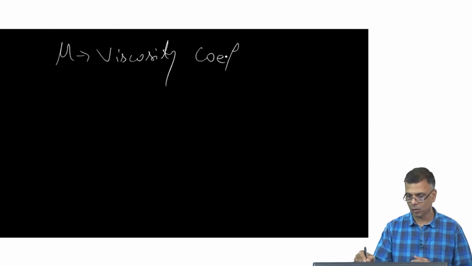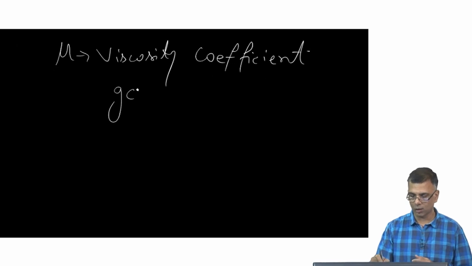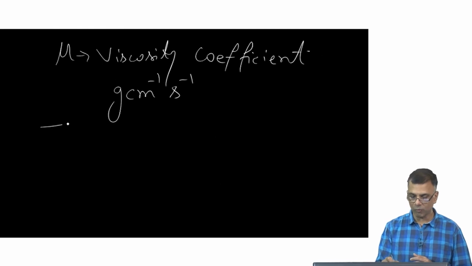Now, I figured I would say something a little off the mainstream of what we've been talking about, but you see, we've been talking about viscosity a lot, and so mu, which is the viscosity coefficient, which has units of, right, is an example of what's called a transport coefficient.